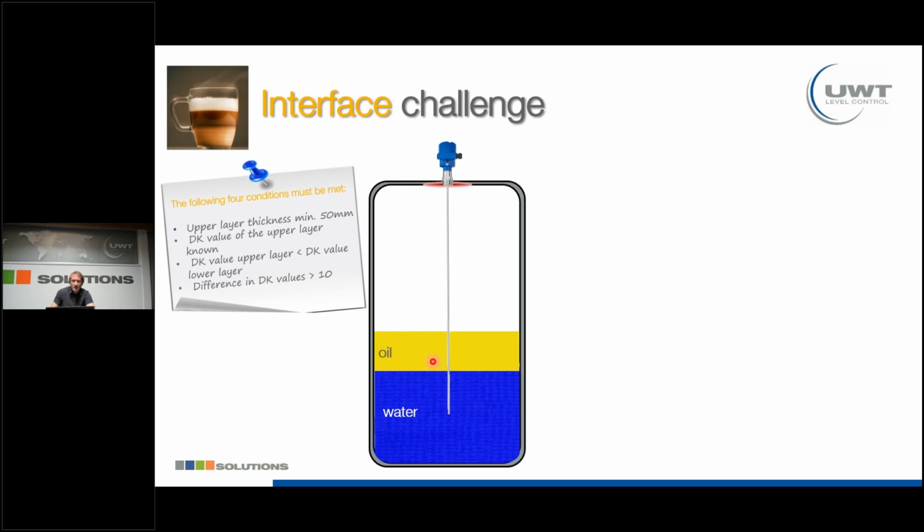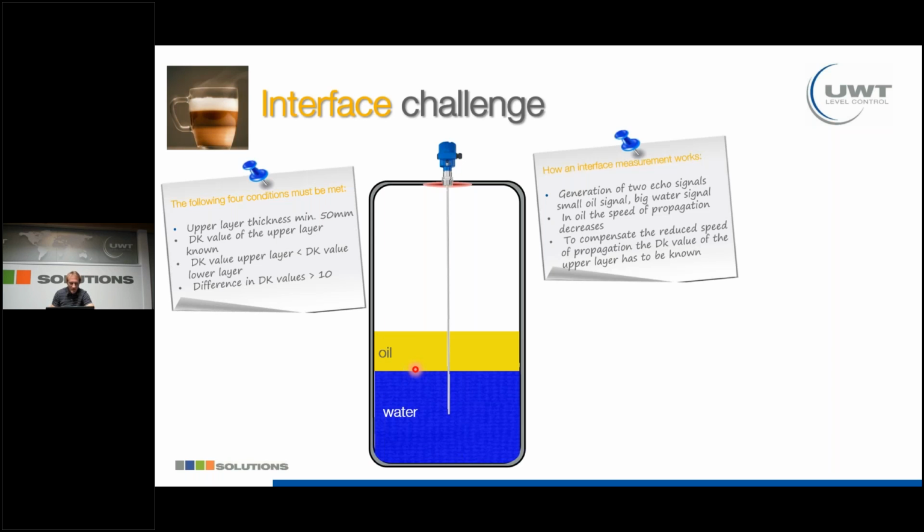The decay value needs to be known. The decay value of the upper layer shall be smaller than that of the lower layer, and the difference between those decay values should be greater than 10. Here oil normally has a decay value of 2, and water is 80. So this is a typical interface application where TDR sensors can be installed perfectly.